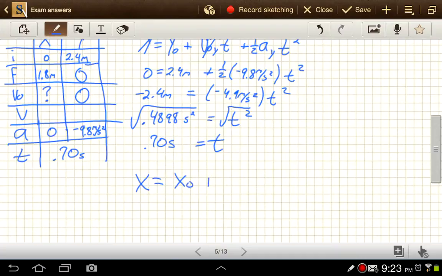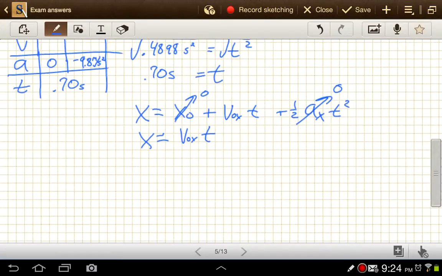So x naught plus v naught x times t plus 1/2 ax times t squared. Acceleration in the x goes to 0. X naught goes to 0, so this becomes x equals v naught x, which we're looking for, times t. And so our x, the 1.8 meters, is equal to v naught x times 0.7 seconds. And so v naught x ends up being 2.6 meters per second.